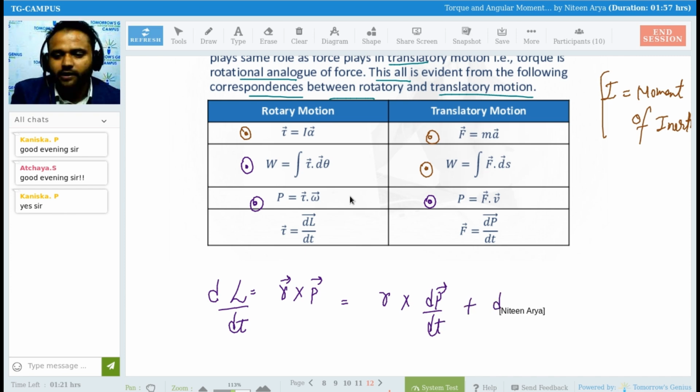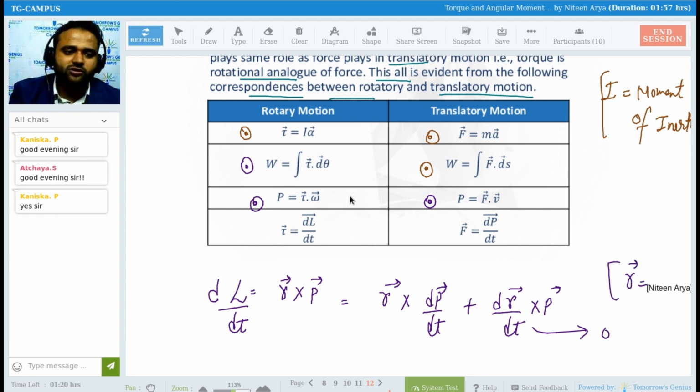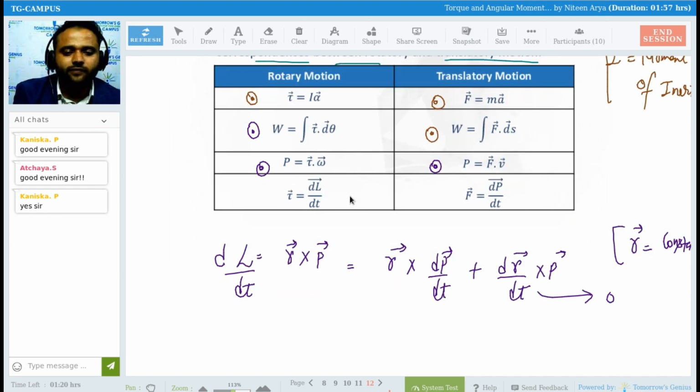Even we can, if we want, it is going to give me 0, because r here in general is fixed or constant. So if it is constant, the second term dr/dt is 0. So initially we can see that dL/dt, which is r cross F, is nothing but torque.